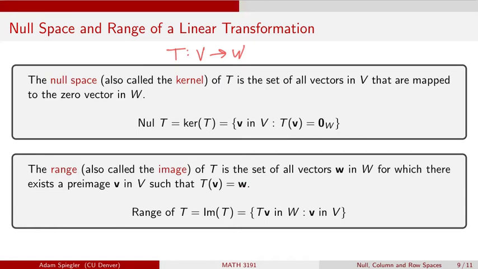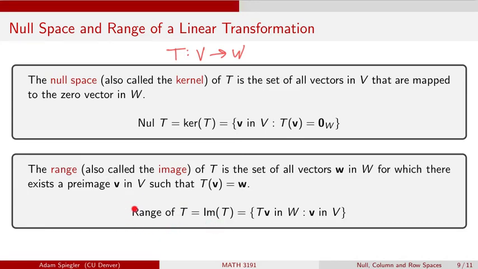So we're trying to find all of the vectors w in our codomain for which there exists some element in V that gets mapped onto w. We can write the range of T, which we also call the image of T, as the set of all elements T(v), what we get after we apply the map T to the vector v. This is going to be a subspace of the codomain.